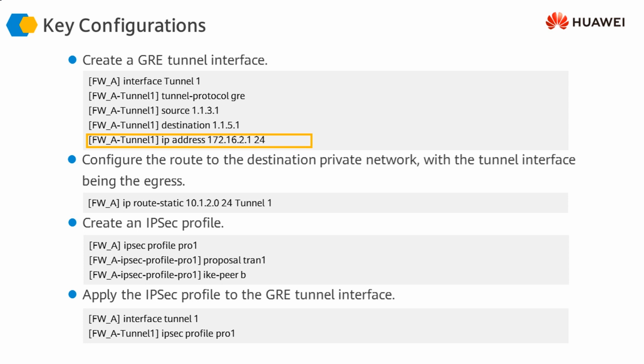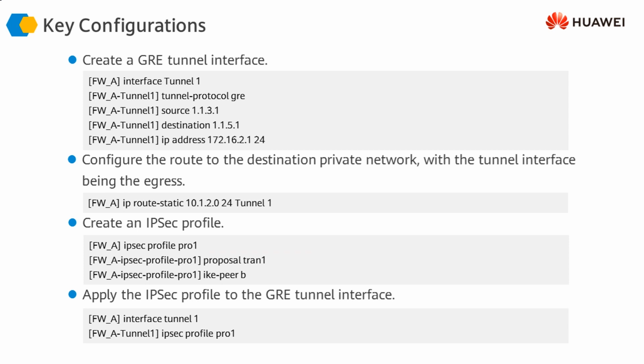So these are the tunnel source and destination IPs, and this is the IP address of the tunnel interface itself. Then we have to configure a static route so that we can forward the traffic through this tunnel interface for the destination network on the other side, towards the other firewall or towards the remote site.